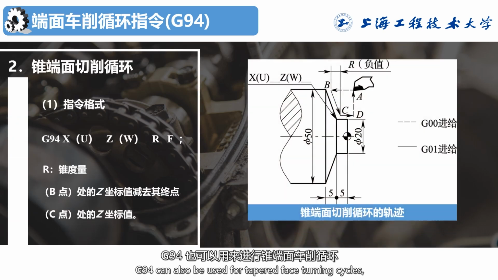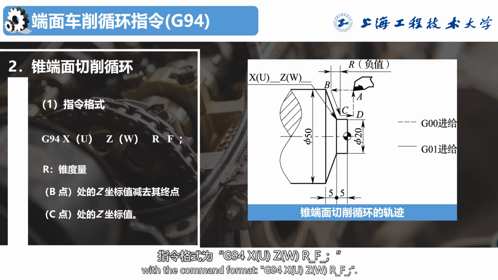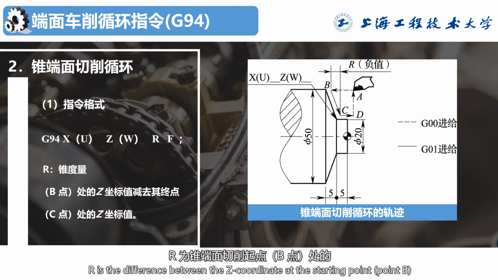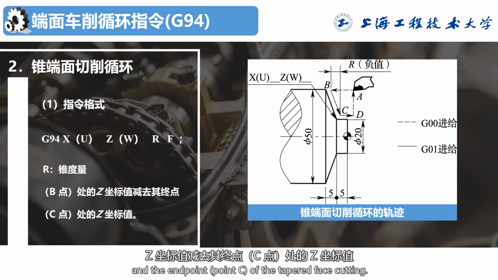G94 can also be used for tapered face turning cycles, with the command format G94 X(U) Z(W) R F. R is the difference between the Z coordinate at the starting point, point B, and the end point, point C, of the tapered face cutting.